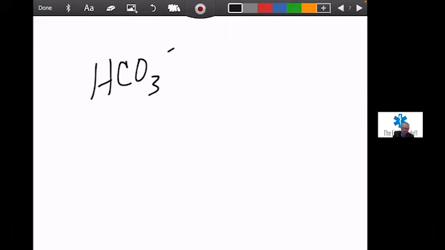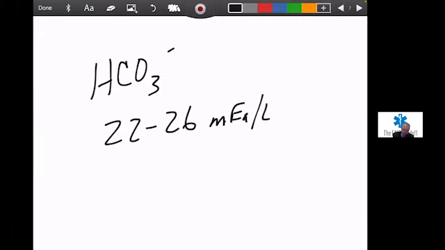The normal value we're going to look at with HCO3 is 22 to 26 milliequivalents per liter. Some people call it millimoles per liter, but it's milliequivalents per liter for what we're going to talk about, since that's what most medications and everything else are dosed in.